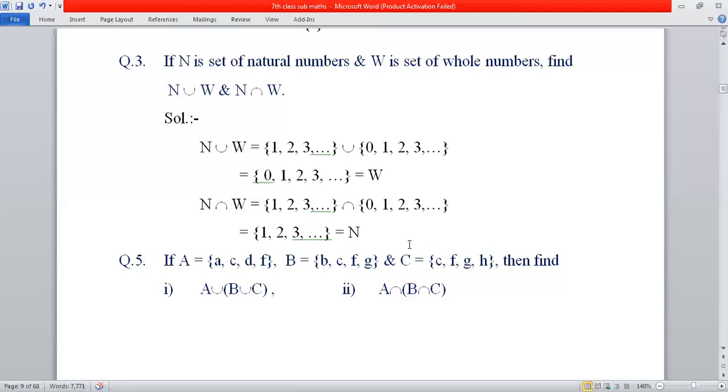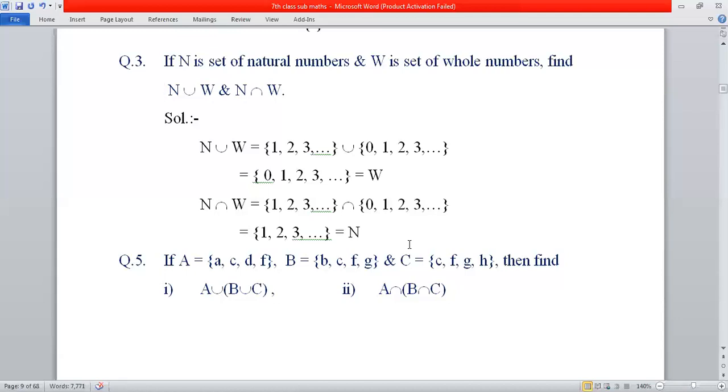So you can say that natural numbers are divided into two parts. One is the prime numbers and the other is the composite numbers. Prime numbers are those which are only divisible by 1 and by itself. Composite numbers are those which are divisible by more than two numbers, 1 and itself.